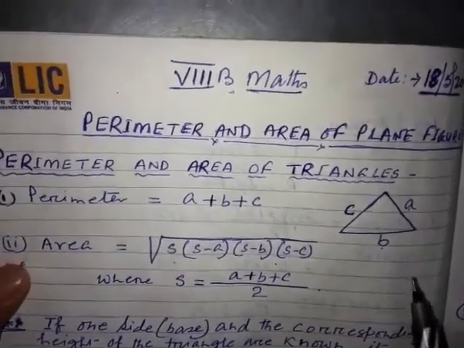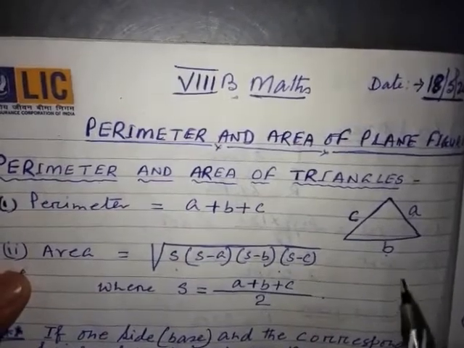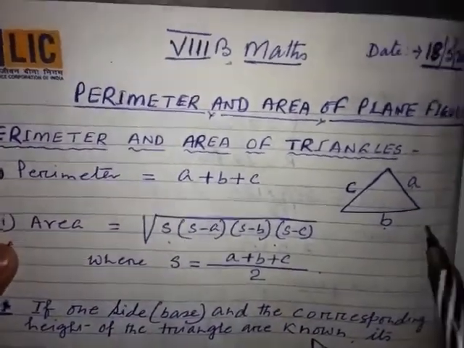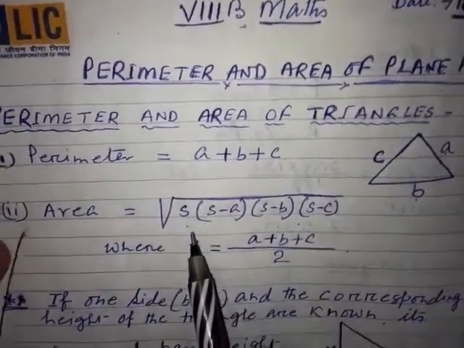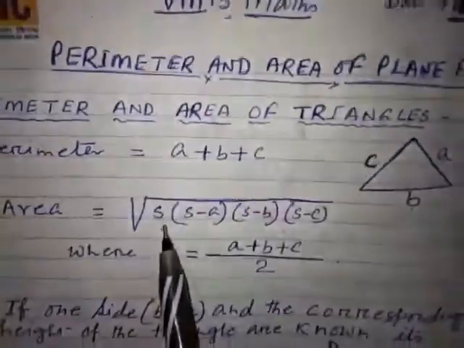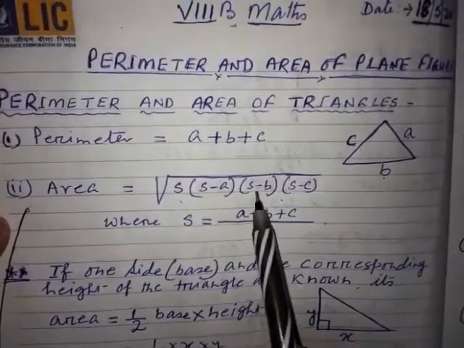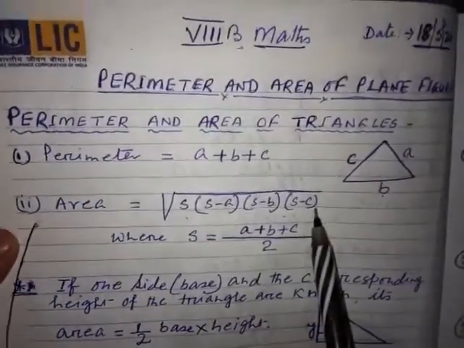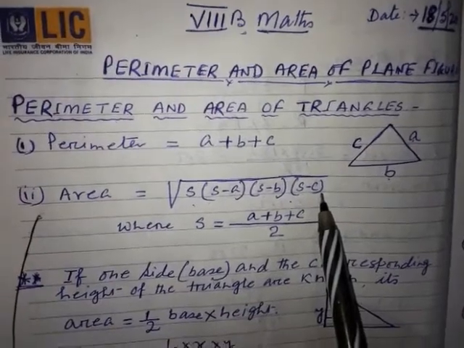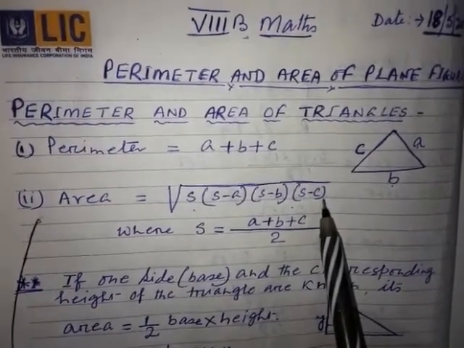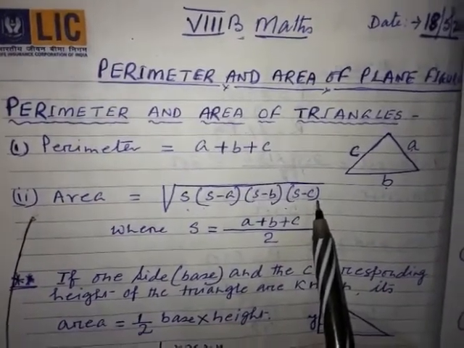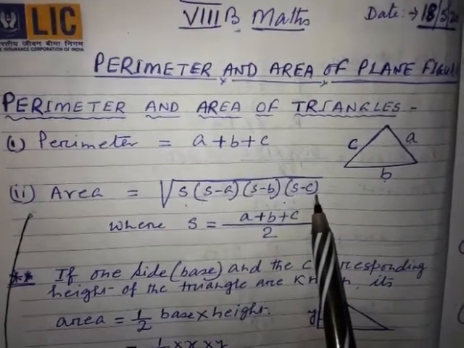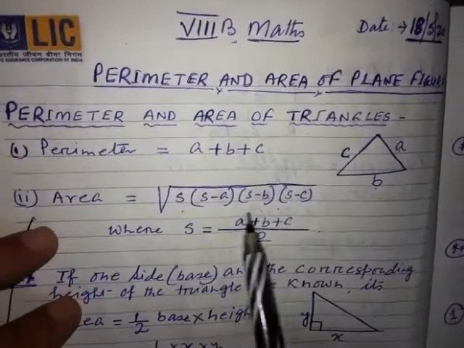The area of a triangle is basically found in two ways. One, when the lengths of all three sides are given, in that case we use this formula: root over S into S minus A into S minus B into S minus C. Again, where the lengths of all three sides of a triangle are given, you will be able to find the area by this formula.